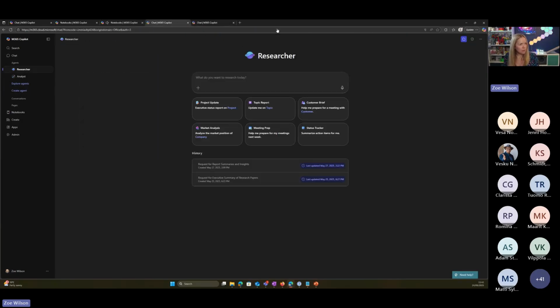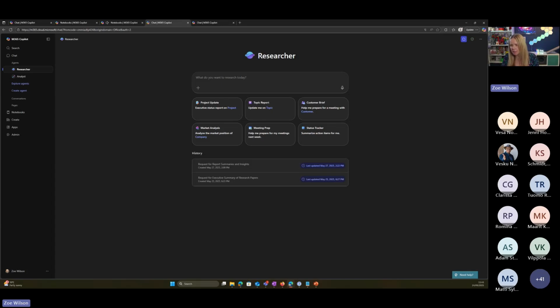The next one that I wanted to show was researcher agents. One of the things that Microsoft are doing, which I think is incredibly valuable, is releasing a lot of first-party agents to users of M365 Copilot.